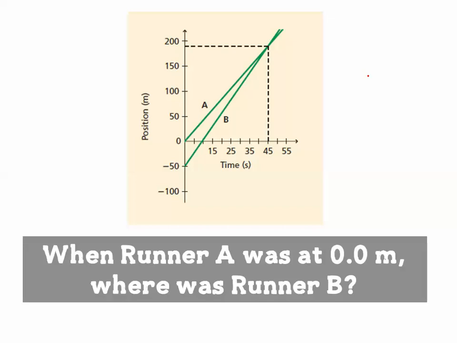Because when we look at the point in time where runner A was at 0 meters, we see that it was 0 seconds. When runner A is at 0 meters, runner B is at negative 50 at 0 seconds in time. In other words, we're looking for the point where they share the same time value.